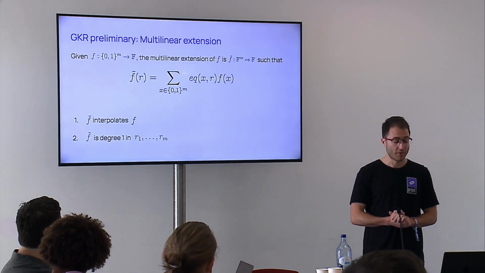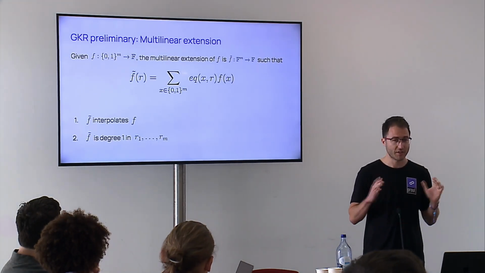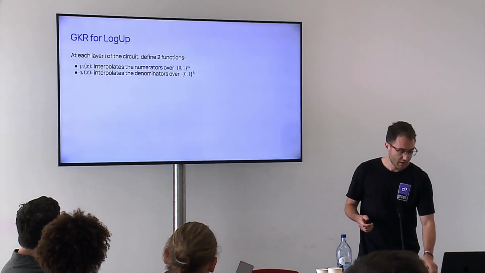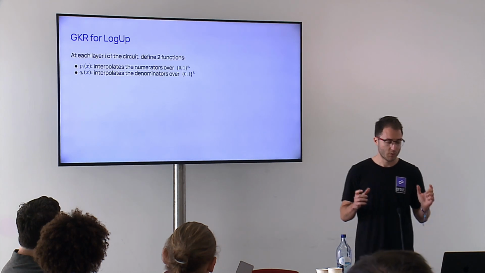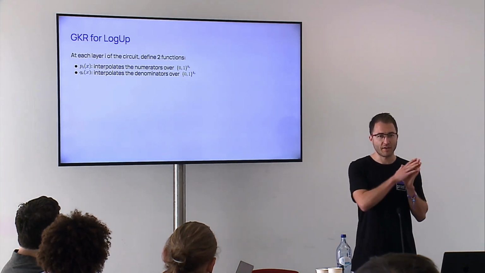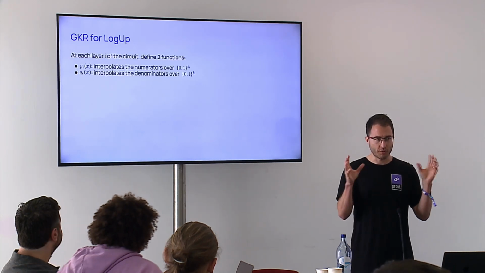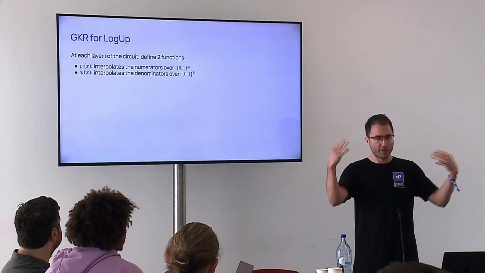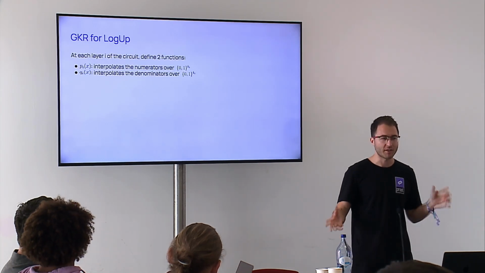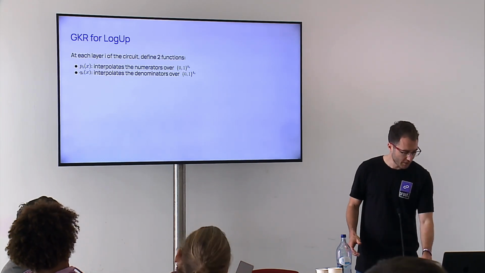Okay, so two things, sum check and multilinear extension. We're now going to come back to GKR. We're going to be building some functions over the Boolean hypercube, and then we're going to be taking the multilinear extension, and then we're going to be doing sum check. So this is why we did all this before.